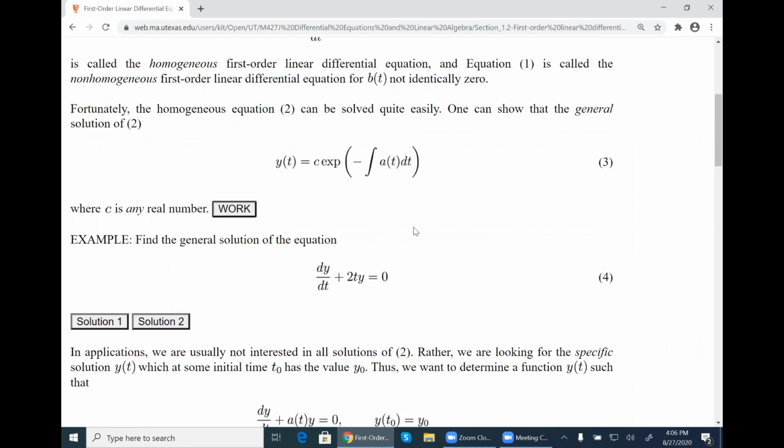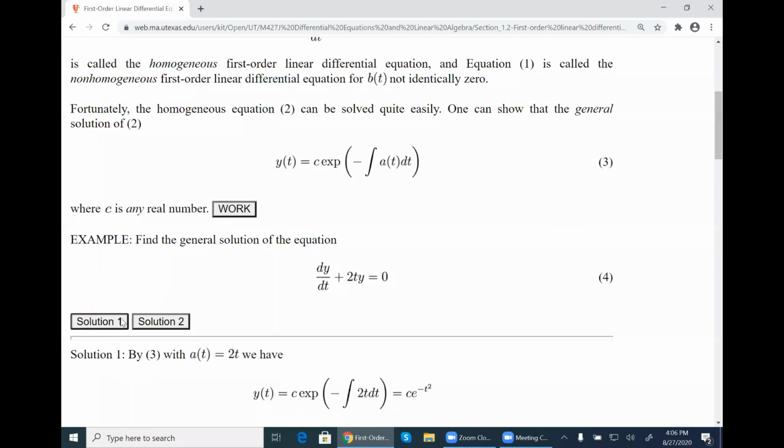Now let us talk about applications. Example number 1. Here is the homogeneous first order linear differential equation. Solution 1, let us apply this formula. Step 1, identify A of t.